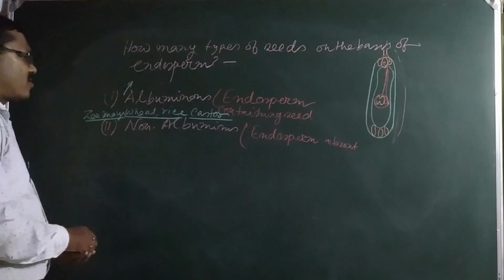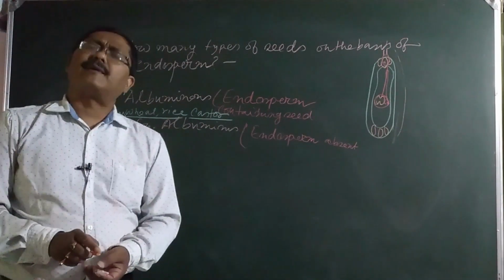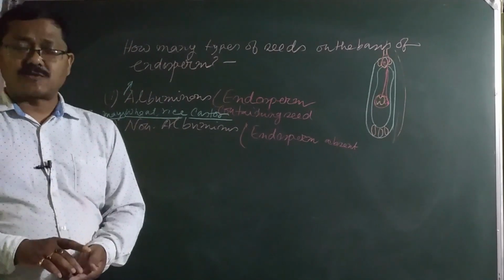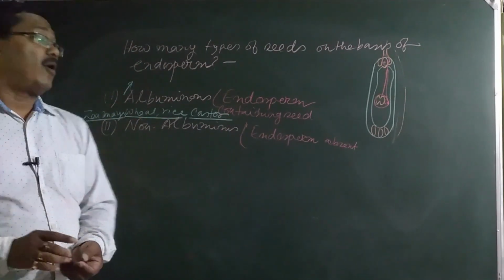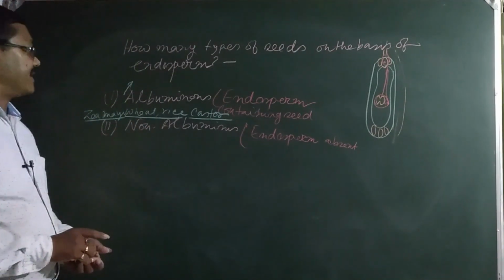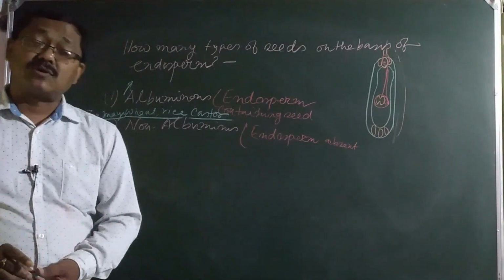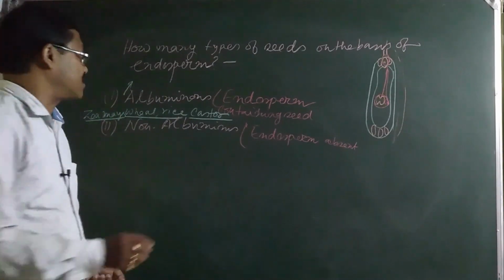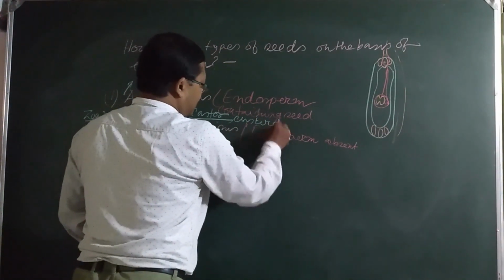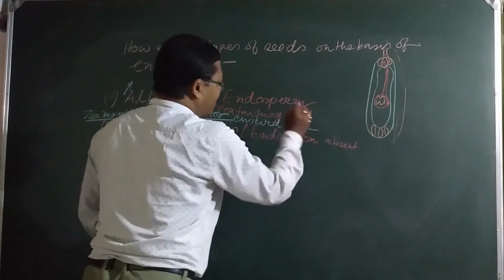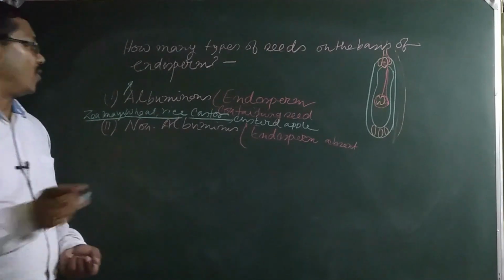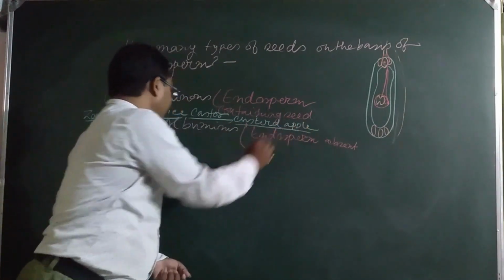Some other dicot seeds may also contain endosperm, for example the poppy. Poppy seed also contains endosperm. Another endospermic dicot seed is the custard apple, Annona squamosa. These are albuminous seeds, although this is a dicot plant.